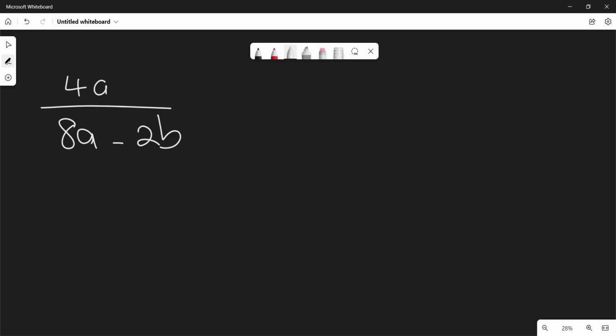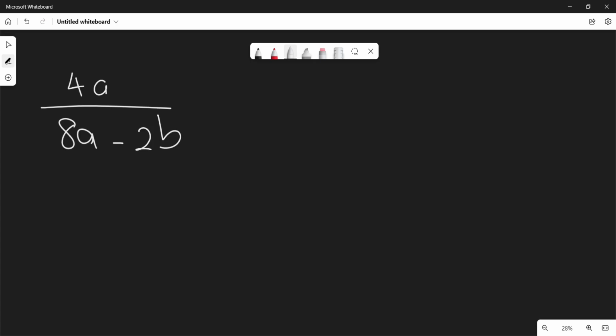So we're going to rewrite the numerator and the denominator by factorizing them both. And after we factorize them, we should be able to cancel somewhere, somehow. Now, I want to note, you cannot cancel this 2 with this 4. Right? That is incorrect. We can only cancel or reduce when we multiply terms.